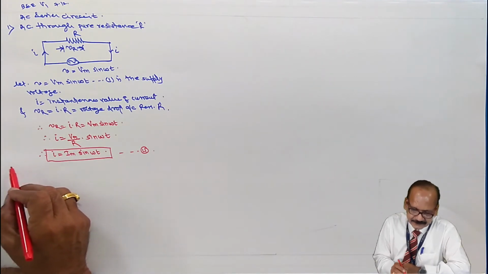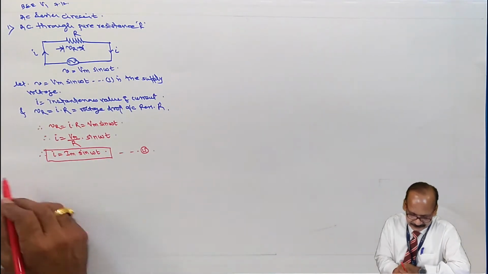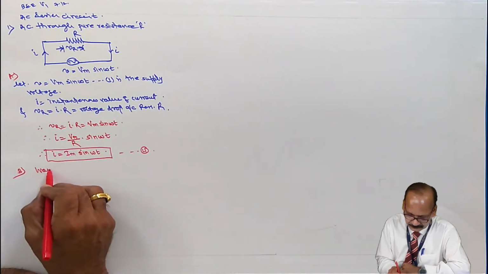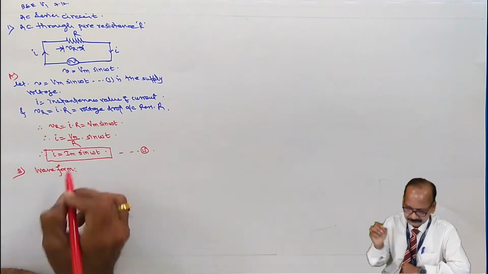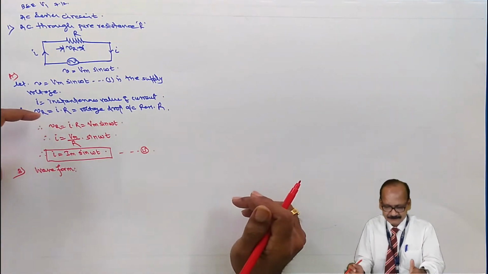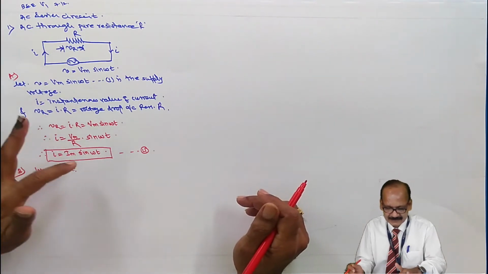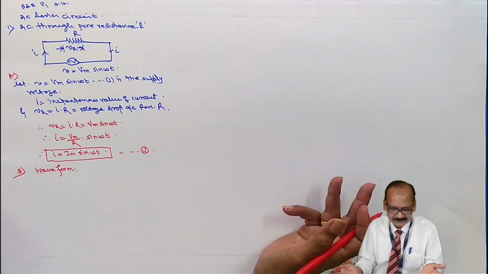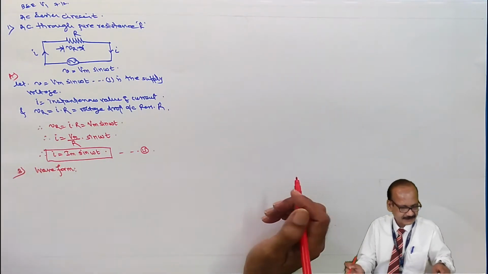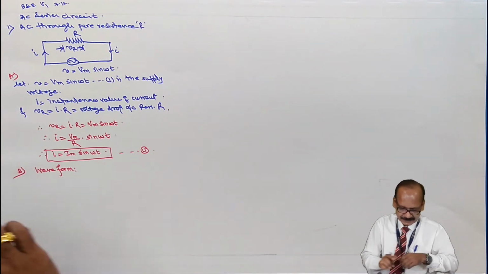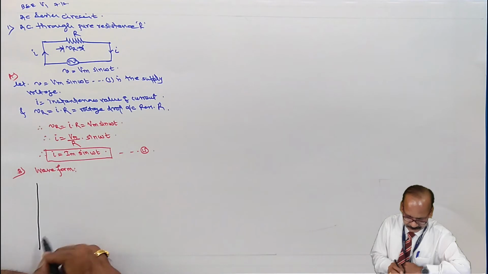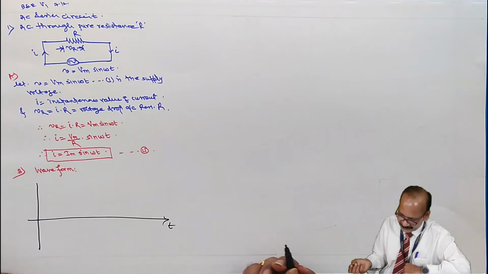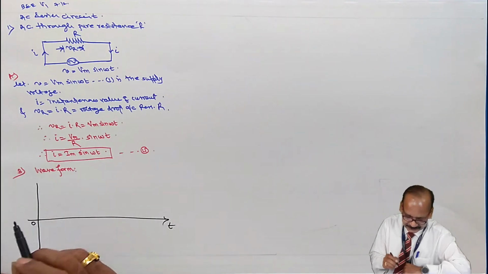Now we have obtained the expression for current. Say this is part A, B part is waveform. Now when you compare equation 1 and equation 2, these are exactly similar quantities. There is no phase difference. Both are the reference quantities, and therefore we can draw it like this. This is the t-axis or omega t or theta. Now this is the origin.